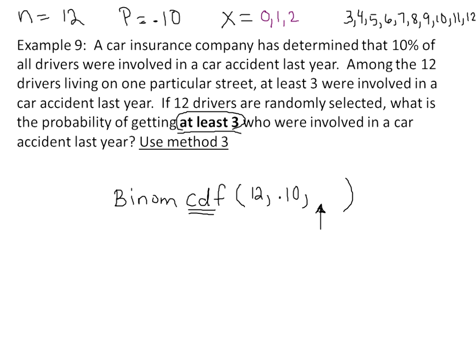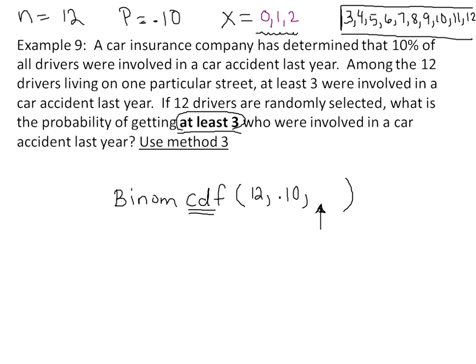But look, I don't want everything to the left. I want everything to the right. So let's try finding the probability of what we don't want first. Let's find the probabilities of what we don't want, and we'll use that to find the probability of what we do want.